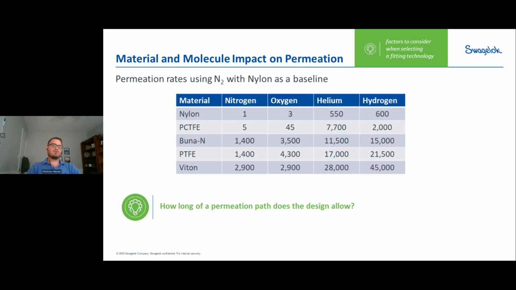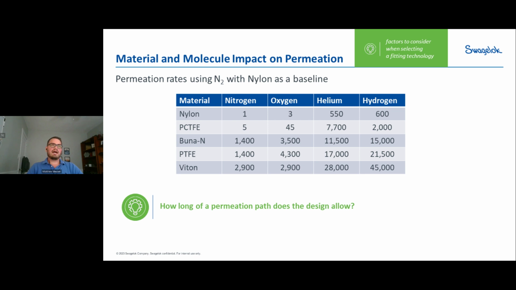So we want to show this in a table format, with nitrogen and nylon being a kind of baseline. Think of these units as being something like SLPM or SCM, but we're just going to leave the unit off to make it a little easier to show on the screen.